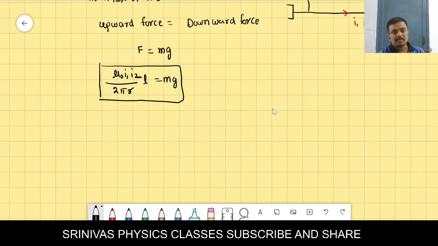Let's go for one more important application. They will ask problems of this type. Find the force on third wire. Look here, there are three wires.